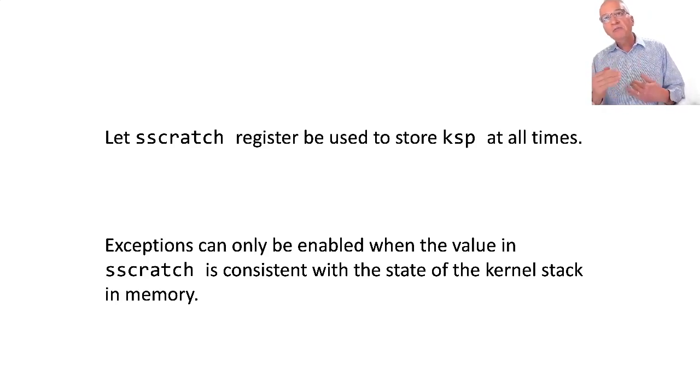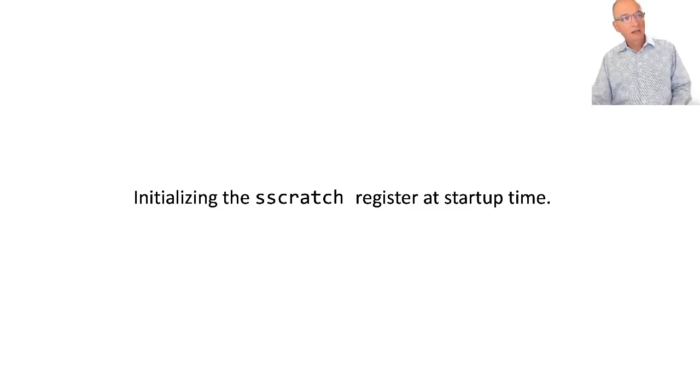I change the value of the kernel stack pointer to this new value, and only when the scratch register has this new value in place, I can re-enable exceptions. And I'm going to be able to re-enable the exceptions well before I finish executing the code for the exception that I'm currently handling.